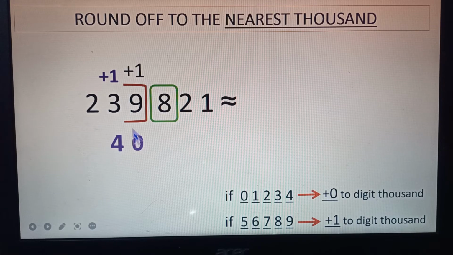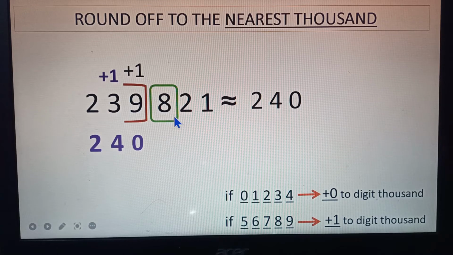Okay, so apabila ia lebih dari 10, you put 0 di bawah dulu, and you add 1 to the next digit di depannya. So 1 plus 3 is 4, and 2 still 2. So you got 240 now.